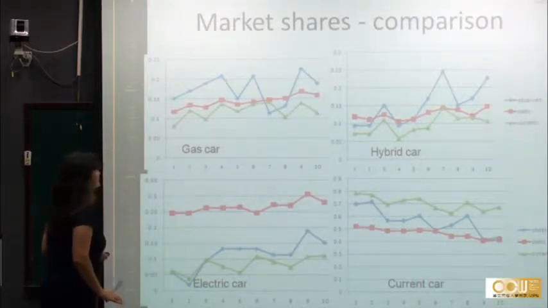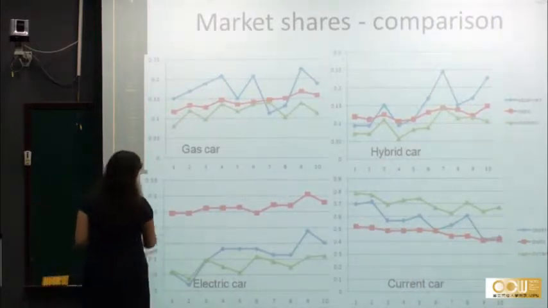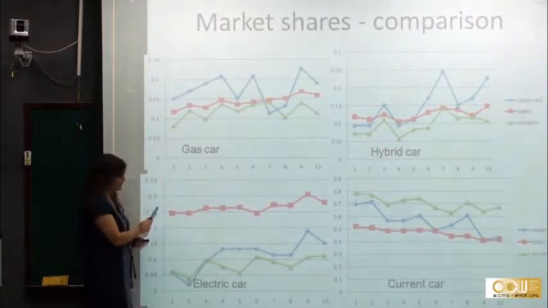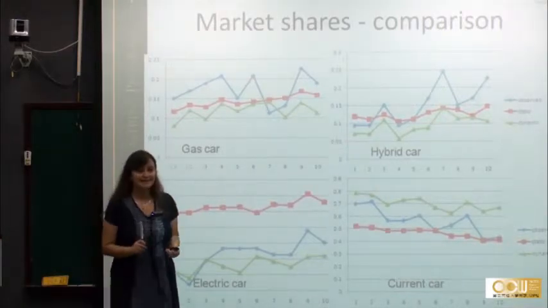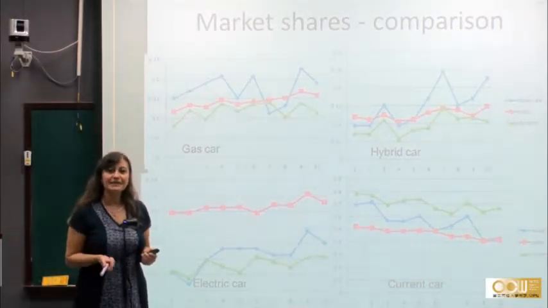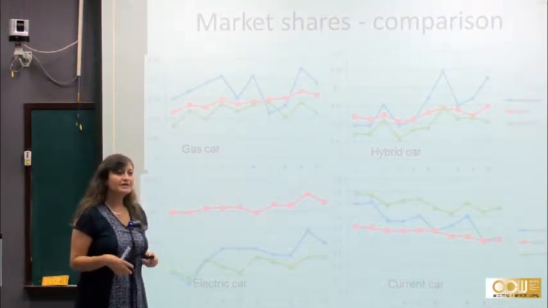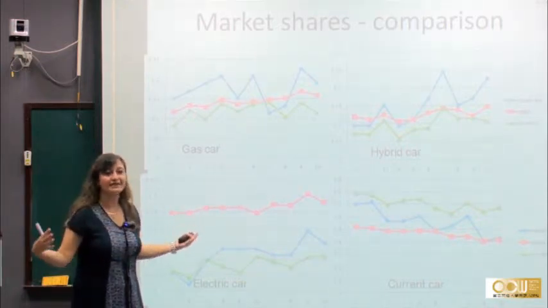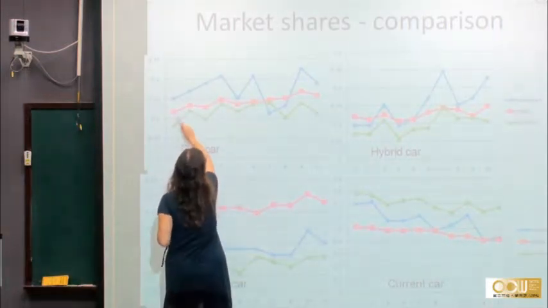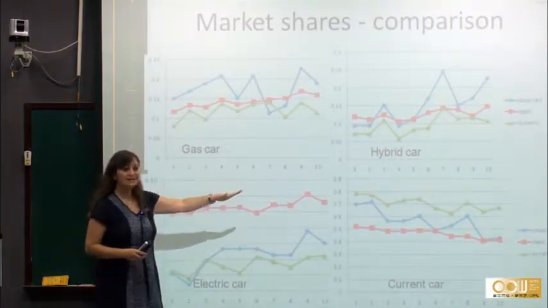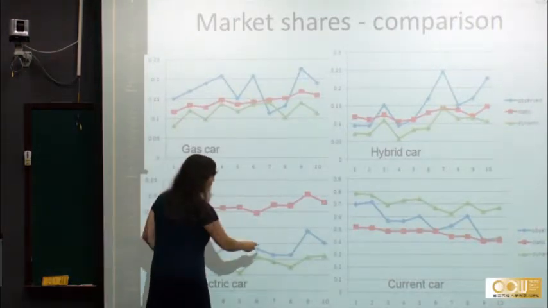So what happens here is that, as I told you, the multinomial logit is very wrong with the electric car. And this comes from the fact that it was not able to estimate the alternative specific constant of the electric car. So this is one point. The other thing is that overall, and if you have been calibrating multinomial logit like me all your life, you know that multinomial logit is very good at averaging things. It averages everything out. And you see what's happening. This is the static model, the multinomial logit. So it's kind of averaging a behavior, and it cannot capture this.